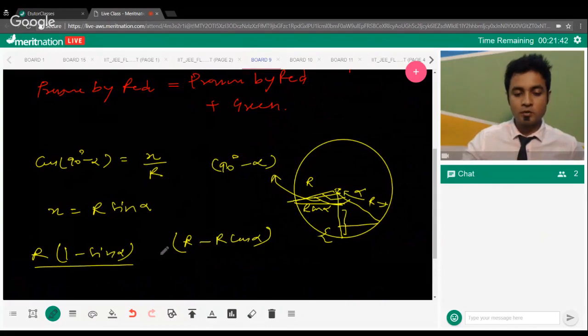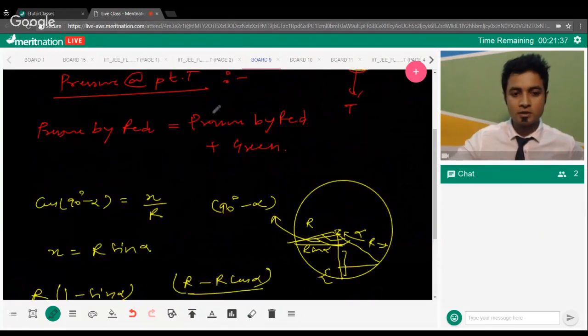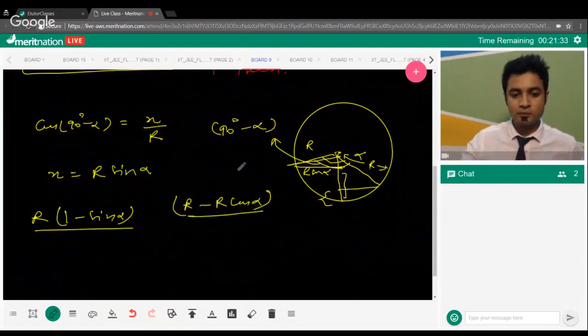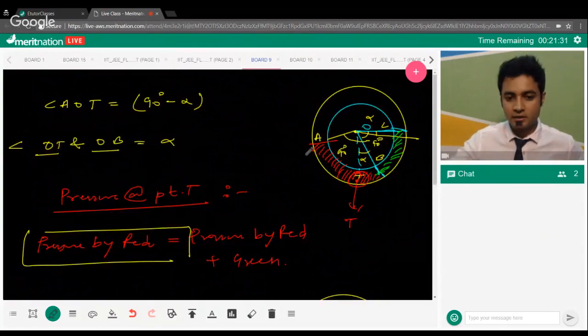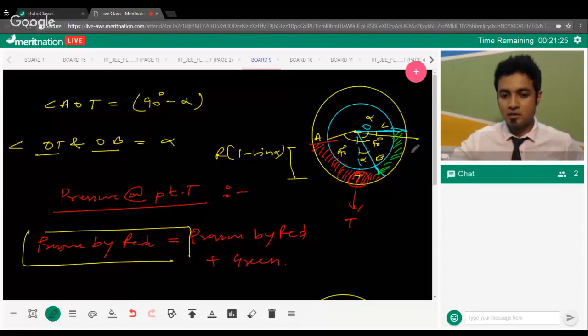Okay, so if I put it in this equation, the pressure by the red liquid, that is h rho g. So the pressure by the red would be, this height here is r(1 minus sin alpha), and the other heights here are r sin alpha, r cos alpha, and r(1 minus cos alpha).